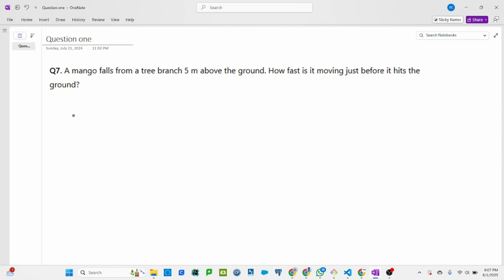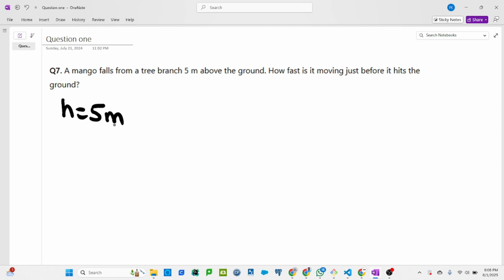So what should I do? Kennedy. Okay, we are going to bring out the key points, our parameters. First, we have our height to be 5 meters.